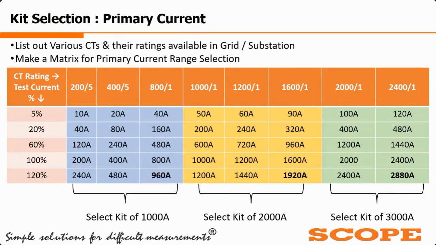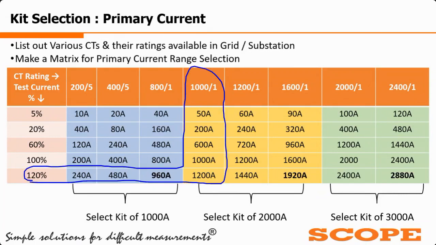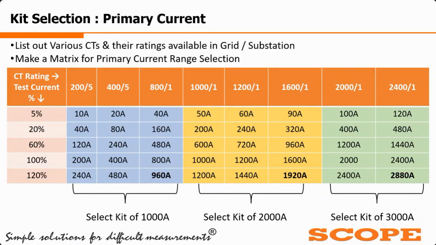One by one, for 20% of rated current on 200 by 5 it is 40 ampere, 60% of 200 is 120 ampere, 100% of 200 means the rated current, that is 200 ampere, and 120% of rated current of 200 is 240 ampere.